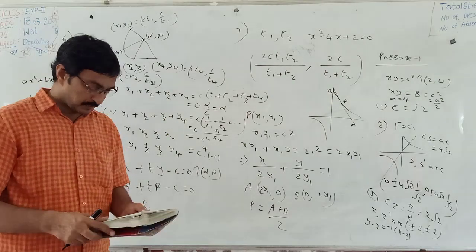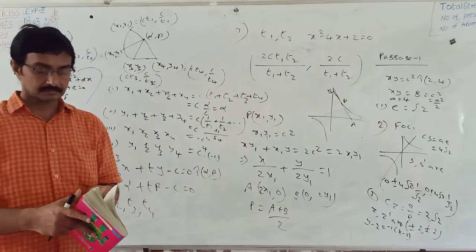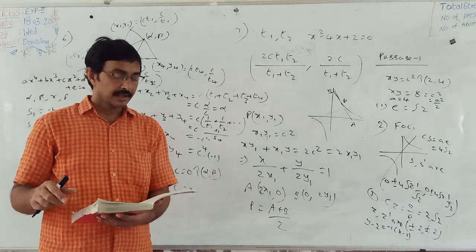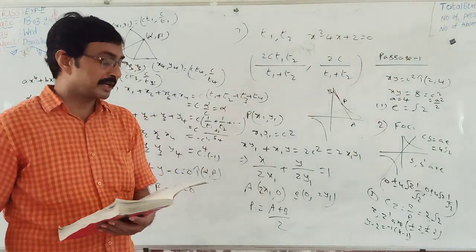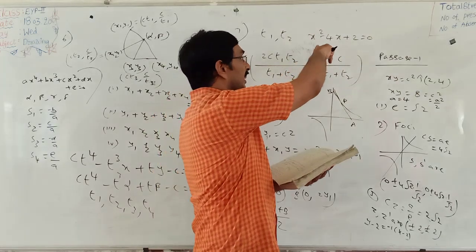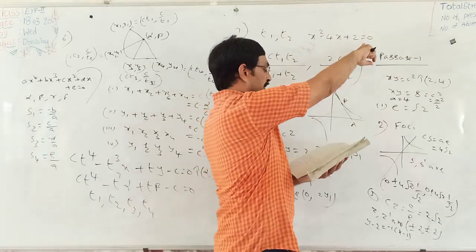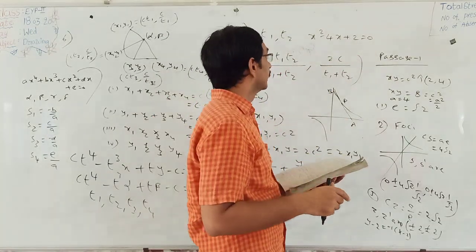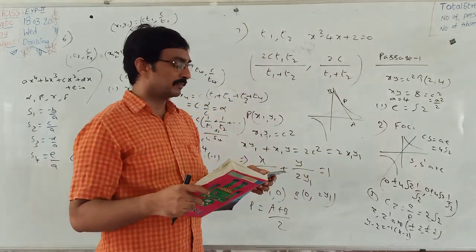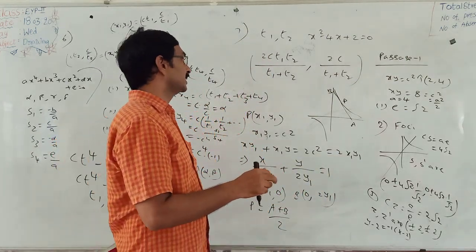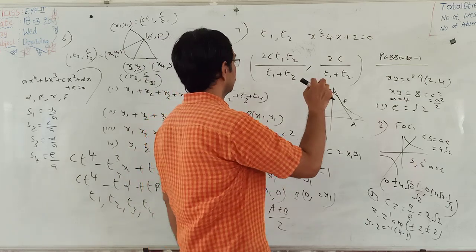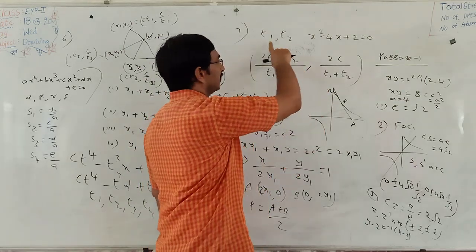See next problem, 7th one. See the notes. If t1, t2 are the roots of the quadratic equation x squared minus 4x plus 2 equal to 0, then find the point of intersection of tangents at t1, t2.